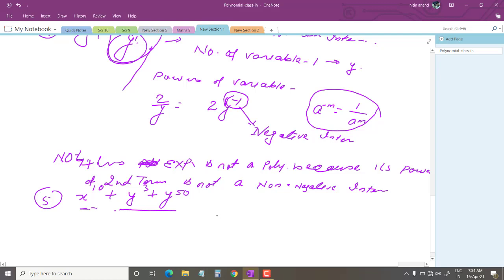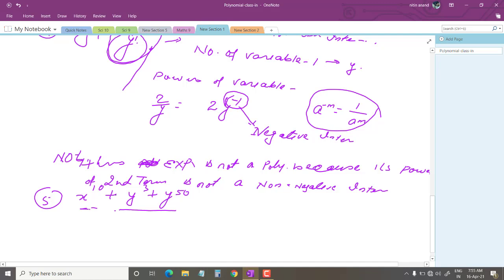Clear? It has two variables, but if we talk about whether this expression is a polynomial or not, then see, the powers are 10, 3 and 50. All powers are non-negative integers.